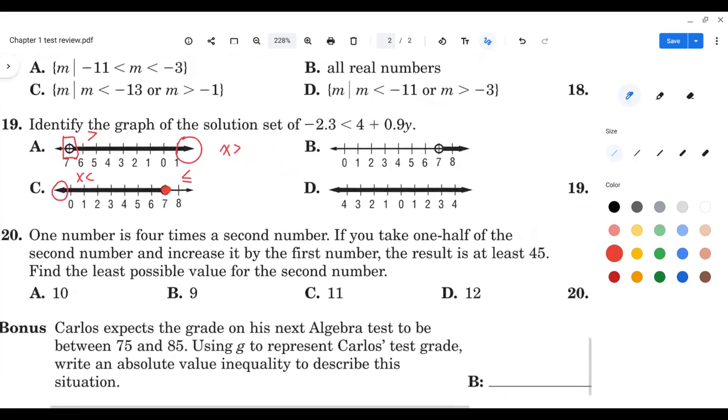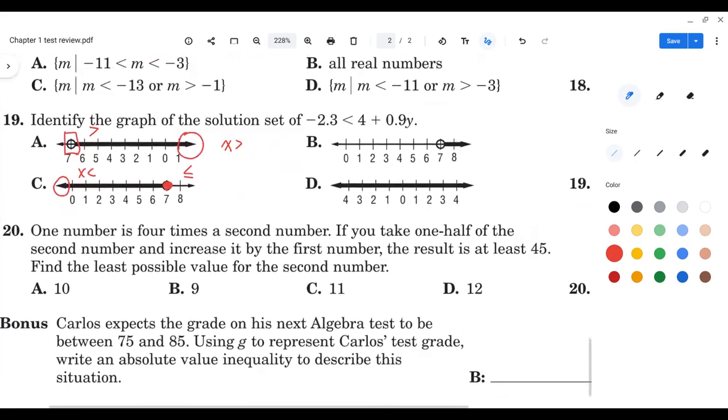One last question. One number is 4 times a second number. So let's say the second number is x. The first number is 4 times x. If you take 1/2 of the second number, which is 1/2 x, and increase it by the first number, increase means plus, so plus the first number, 4x.